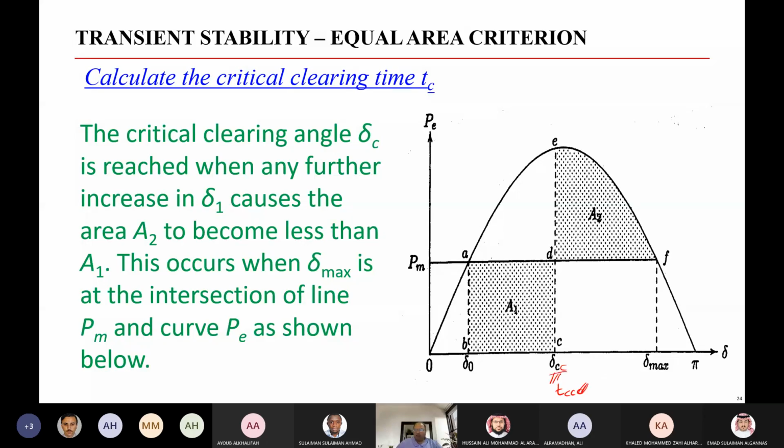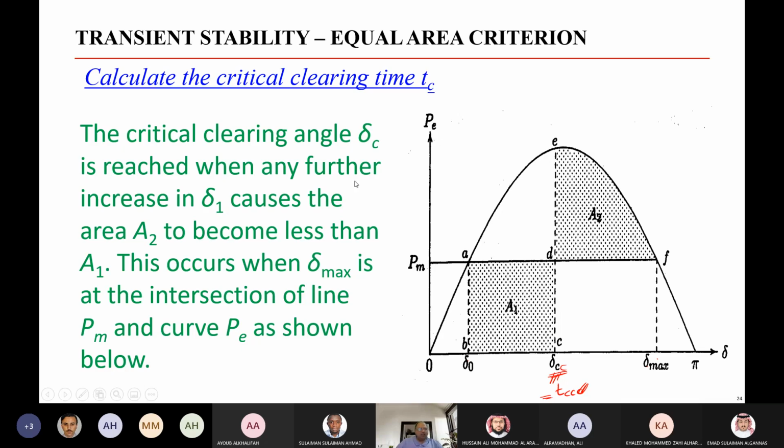So we can calculate the critical clearing angle, and then we can get the critical clearing time by integration of the swing equation. So now delta max is known, which is 180 minus delta 0. What is unknown is delta C, or delta CC, the critical clearing angle.